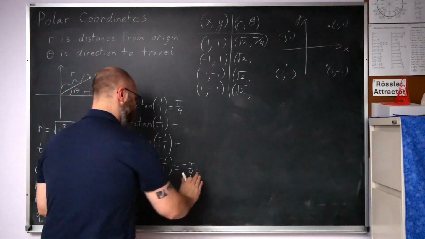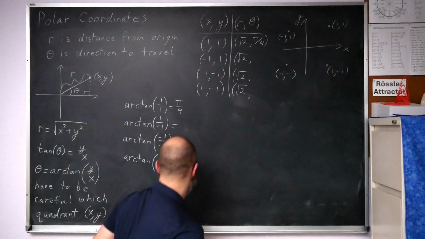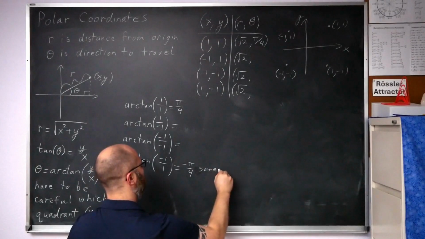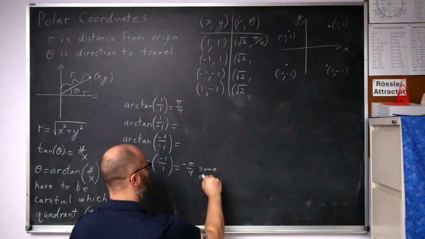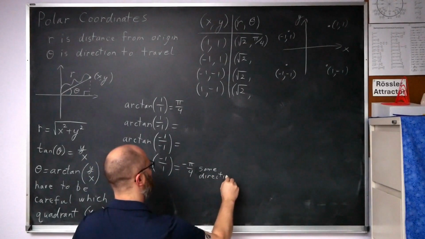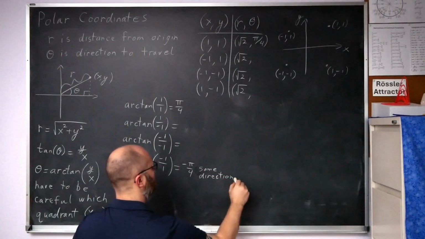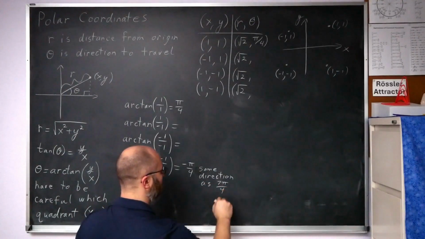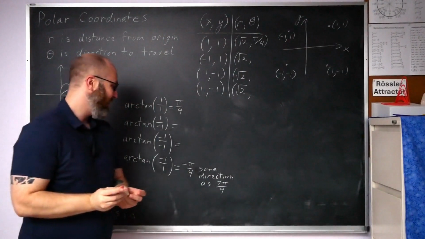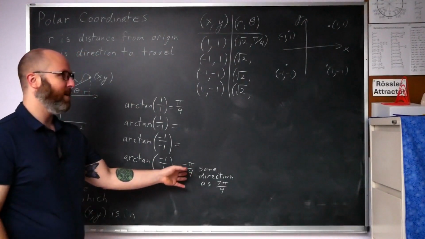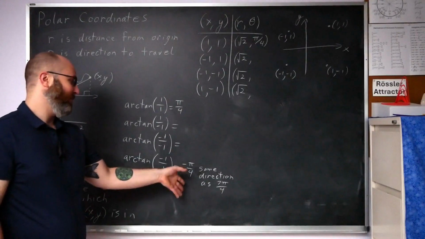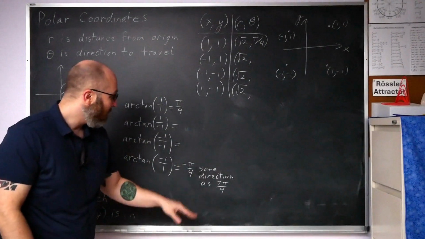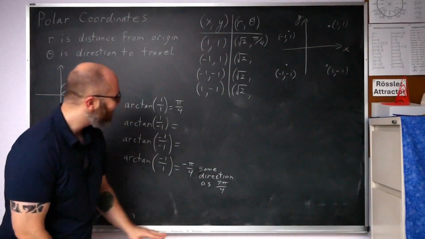And I have to be careful, equivalent, I'll say same as, same direction as 7 pi over 4, right? But they are different numbers. If I calculate negative pi over 4, that's about negative 0.75, something like that. If I calculate this one, I'm not quite sure what that is. But they are different numbers, right?